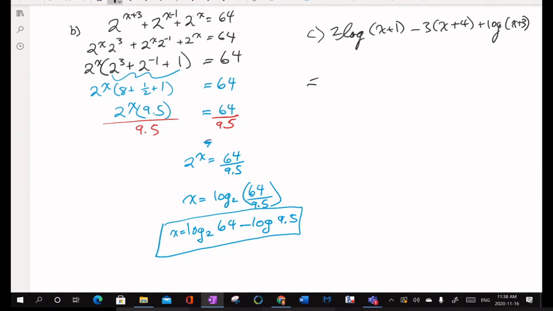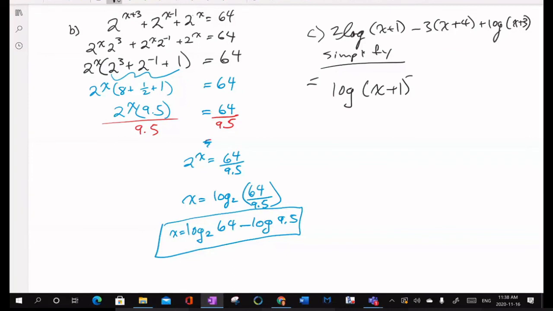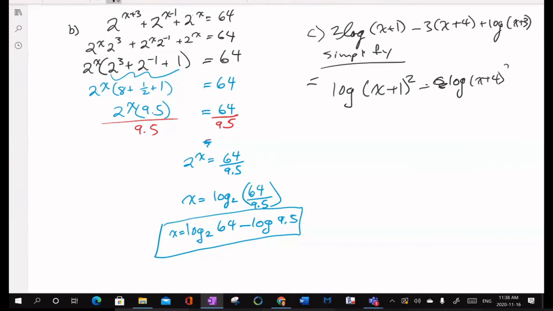If I asked you to simplify this log, you would literally have something like this. You start by bringing all your exponents into your brackets. Minus log of x plus 4 cubed, plus log of x plus 3.